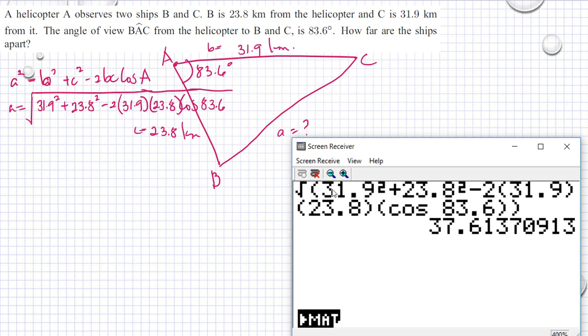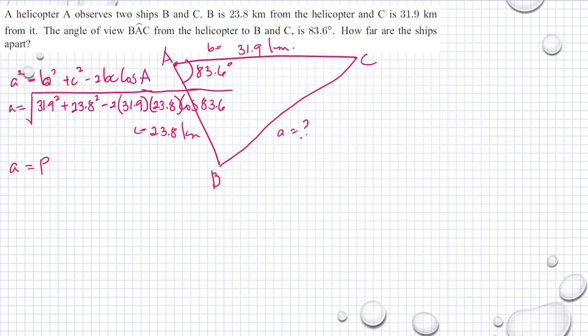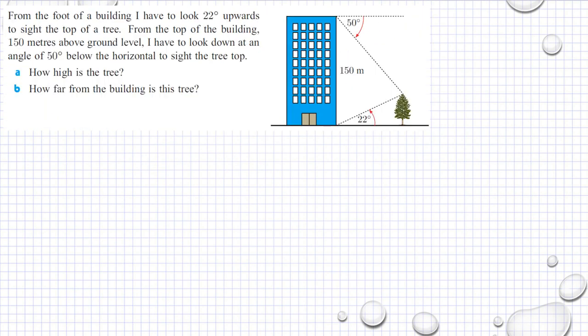Then we have B to C, our A now, that is 37.6 kilometers apart. Okay, the last example that I'm going to discuss is this one.